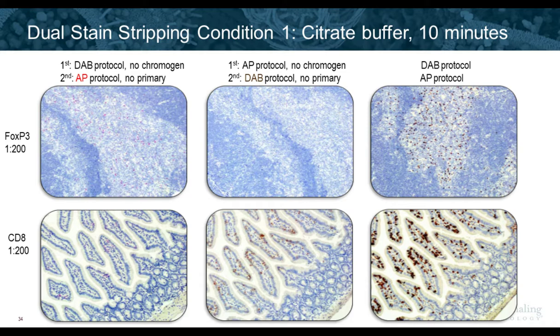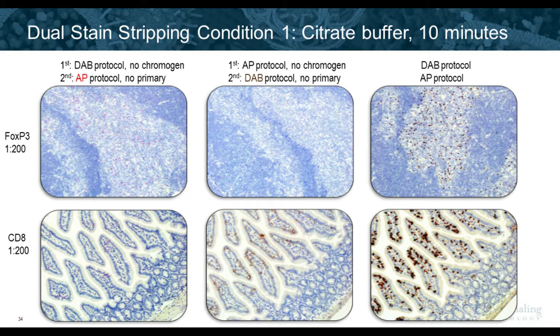And when I run just the dual plex assay without omitting either the chromogen or a primary antibody, we can see nice staining, but we wouldn't know if the antibody was completely stripped, because the DAB signal would block out any red signal that might remain and be cross-reacting with our first primary antibody.